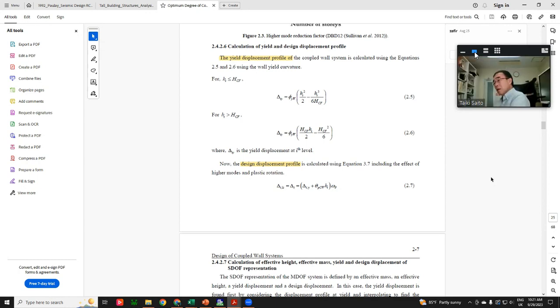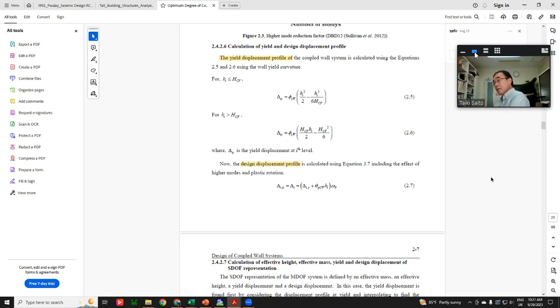And his study, Sensei, is only for diagonal beam and conventional beam. It doesn't apply with dampers. Well, I know.